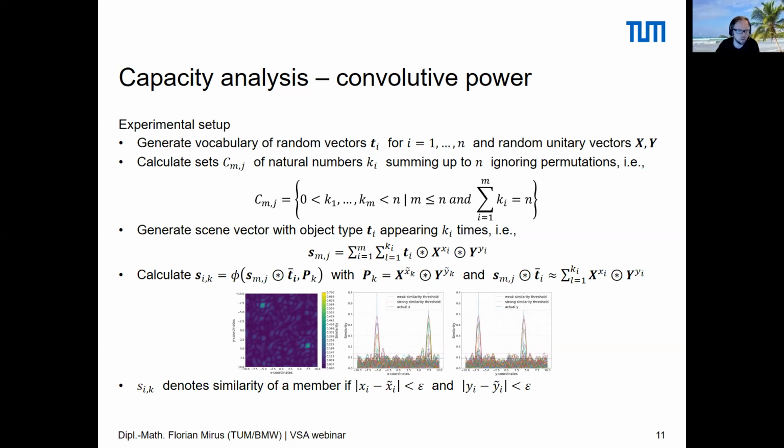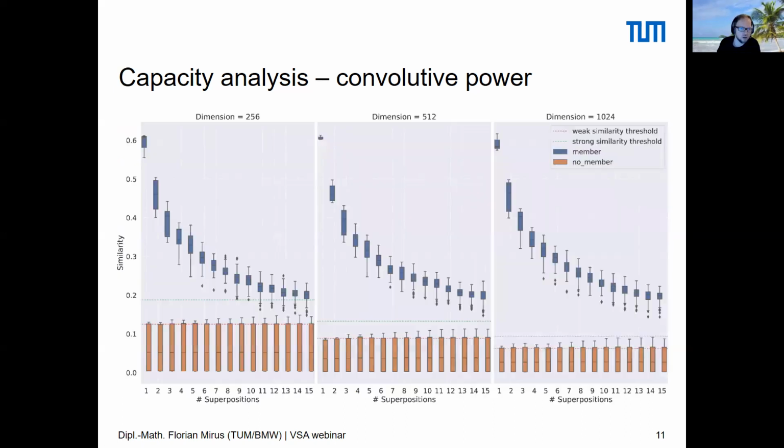That's basically the same as I did for generating this visualization. These similarities are denoted as similarity of a member if the discrete position value is close to the actually encoded value. And then we get a similar plot.